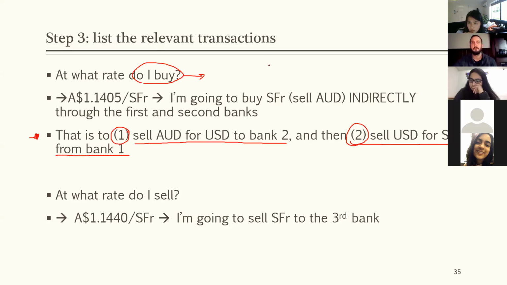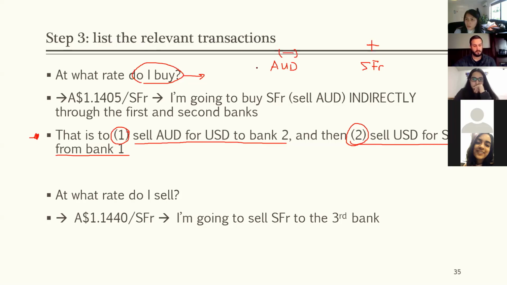So here, this is my transaction, okay? So I've got the AUD and the franc. What I want to do here is I want to buy the franc, okay? So in an exchange conversion, when I buy the franc, I'm going to acquire the franc and I'm going to pay the AUD, okay?